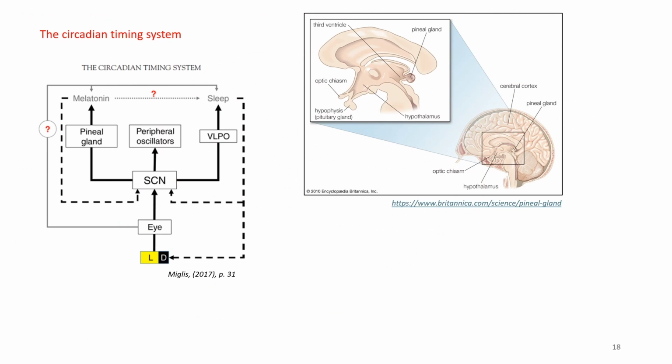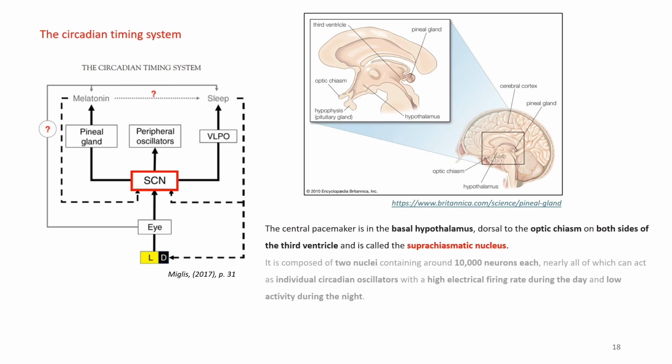At the center of this complex story, however, lies the suprachiasmatic nucleus. We consider it to be the central pacemaker. It is located in the basal hypothalamus on either side of the third ventricle, and it contains two nuclei.